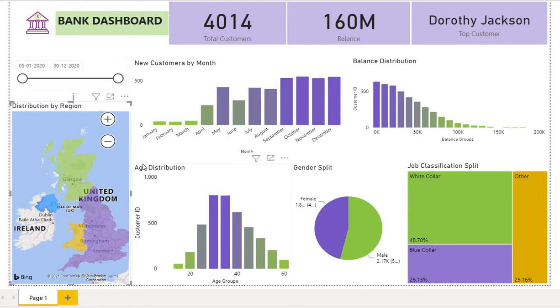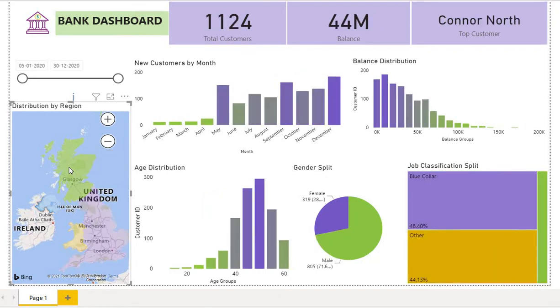Now, since my dashboard is dynamic in nature, we can click here and see the respective insights. So, for example, if we want to know the information of the customers who are situated in the region Scotland, we'll just click on it and see the dashboard changing accordingly.